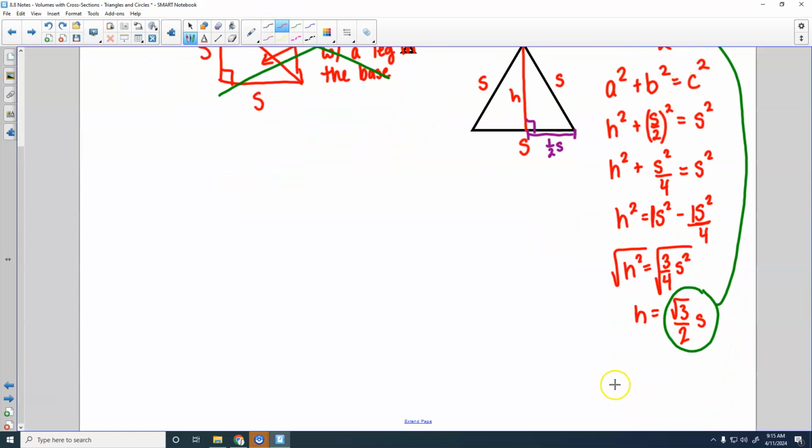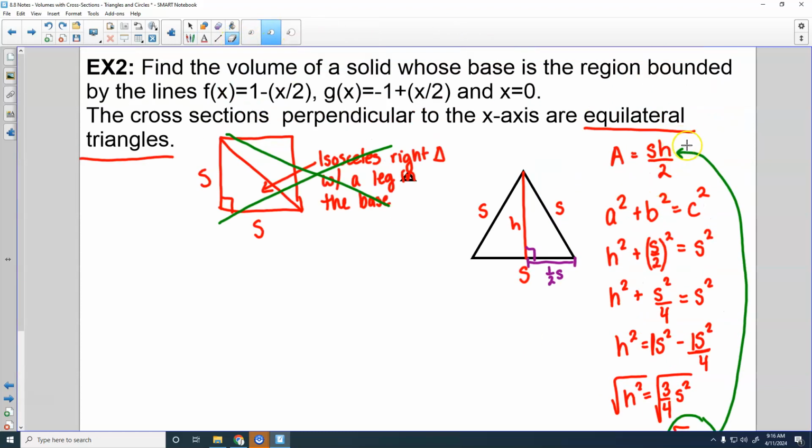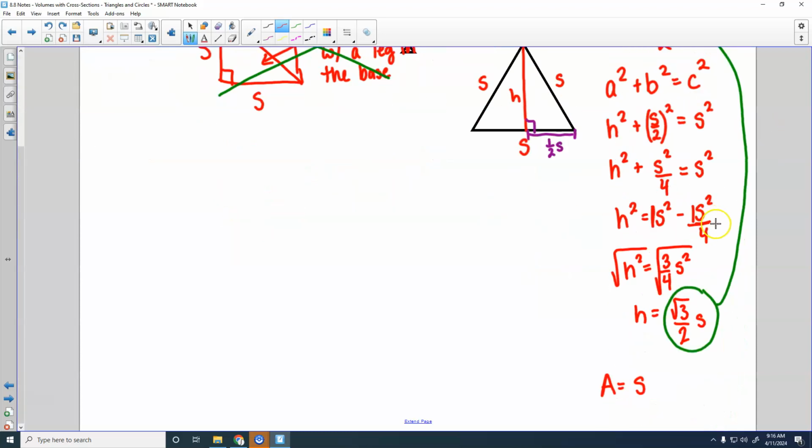So our area formula is going to be s times, actually I'm going to write it this way. Let's make this formula look like this. It'll be a little easier if we make it look like this: 1/2 s times h will just be a little easier to combine right here. So let's do that.